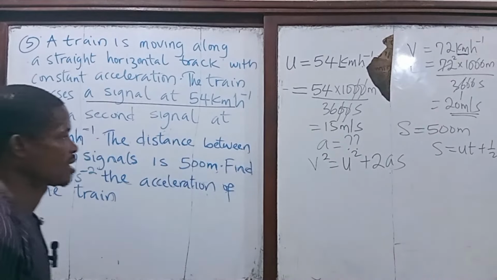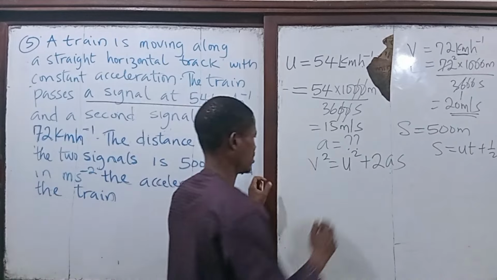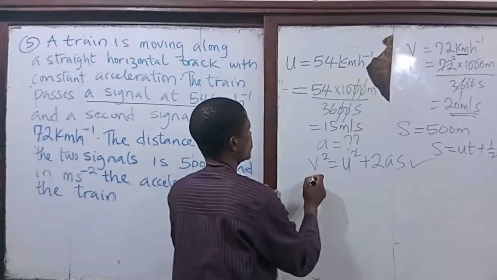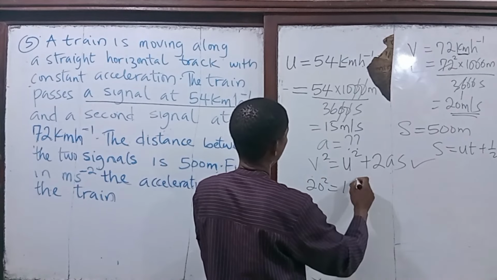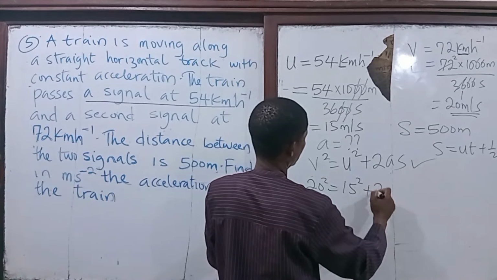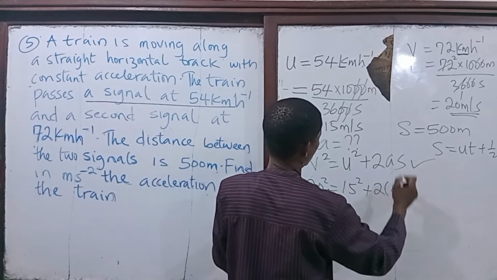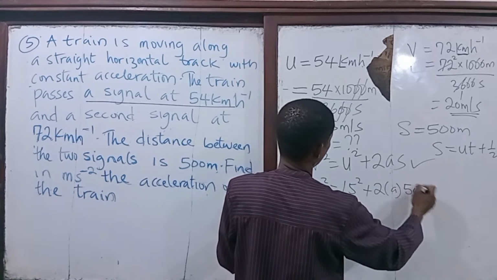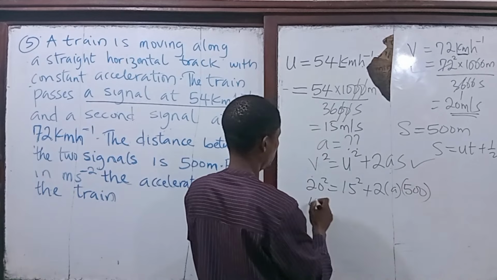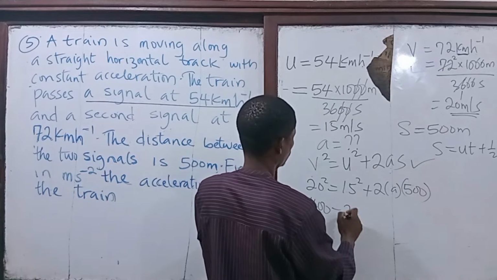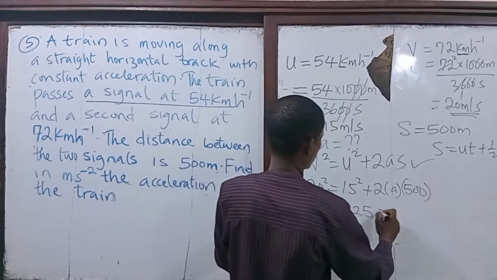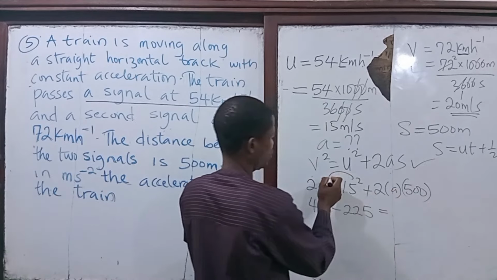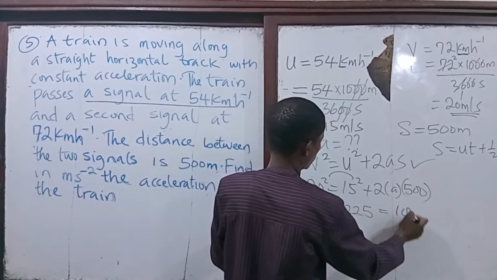Okay, we don't have time. So this is applicable. V is 20 squared, U is 15 squared, plus 2 times acceleration. Our distance is 500. So we have 400 minus 225, that's 15 squared, I think it's 225, equal to, move this one to this side, and this will be 1,000A.